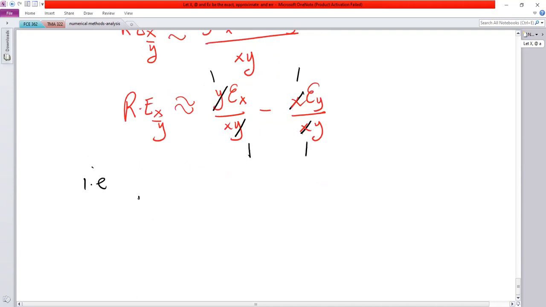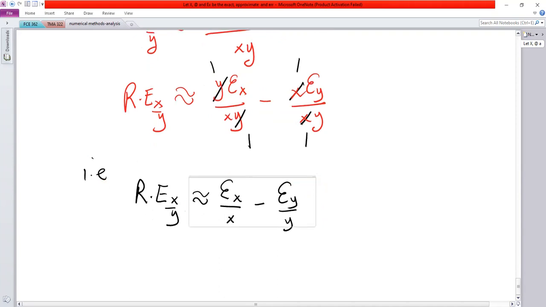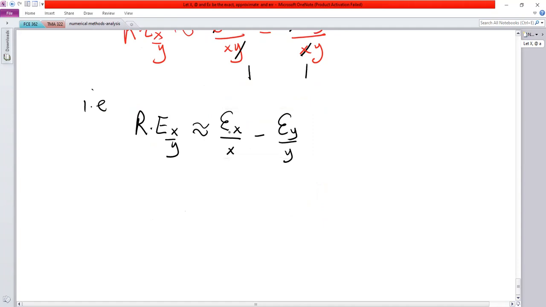i.e. the relative error in x over y is approximately error in x over x minus error in y over y. And from the definition, error in x over x is the relative error in x, and error in y over y is the relative error in y.